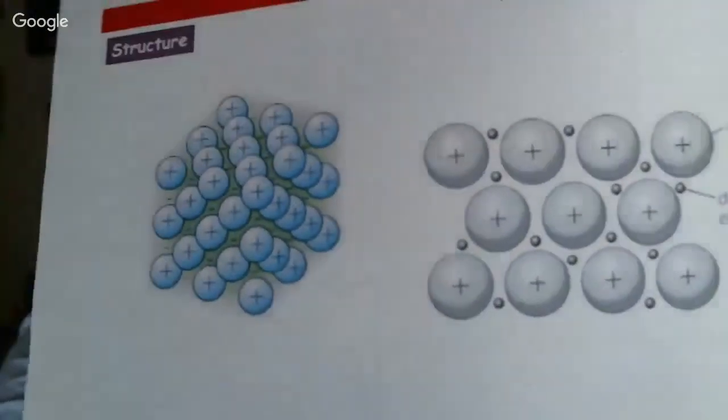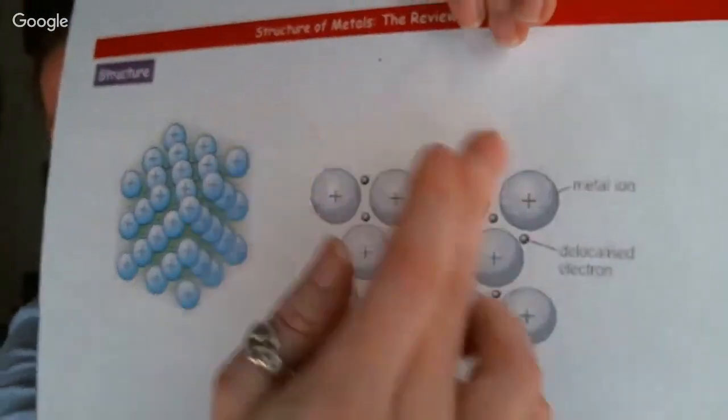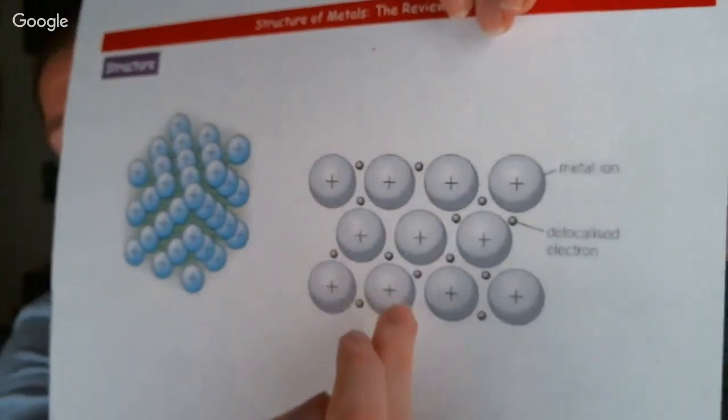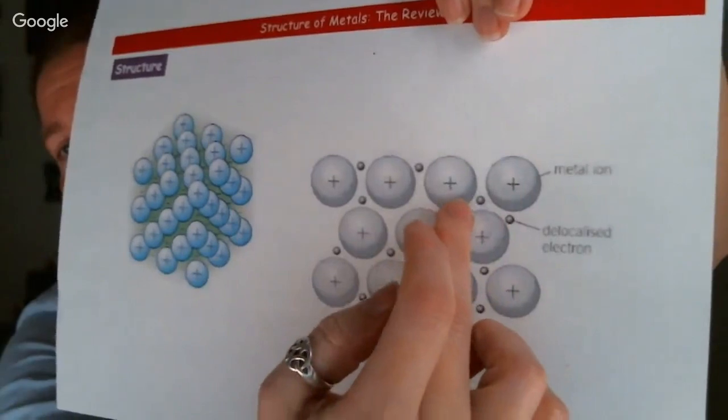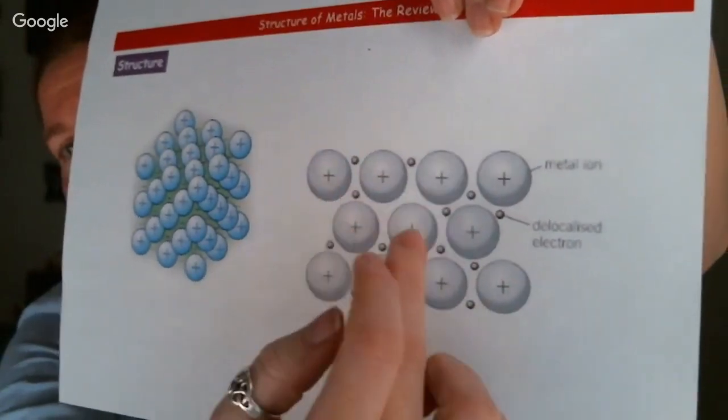If we consider our metals then, what they have is a very clear structure, and they used to ask you to describe the structure of metals or the bonding in metals quite frequently. So when we have a look at it, this is the more common diagram that we draw. You draw your positive metal ions and label them as positive metal ions. And then we've got these little dots around, which are delocalized electrons.